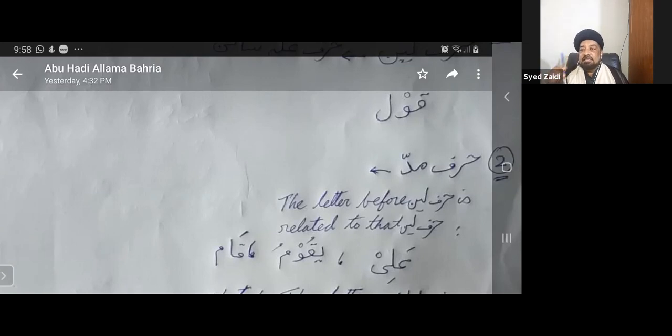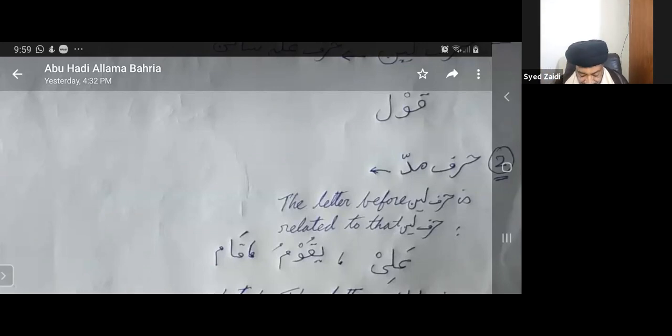The three signs related to the huruf illa: ya is related to kasra, fath is related to alif, and waw is related to dam. It's very easy.